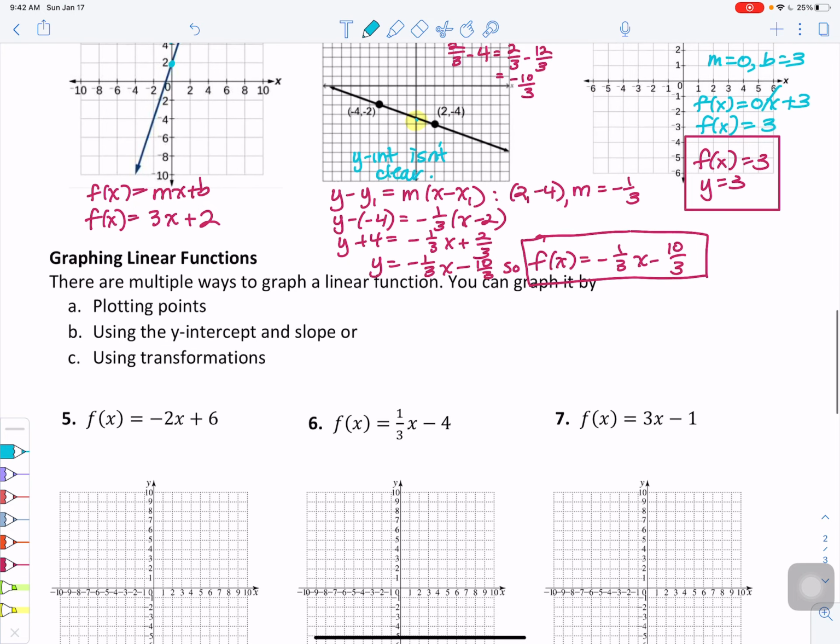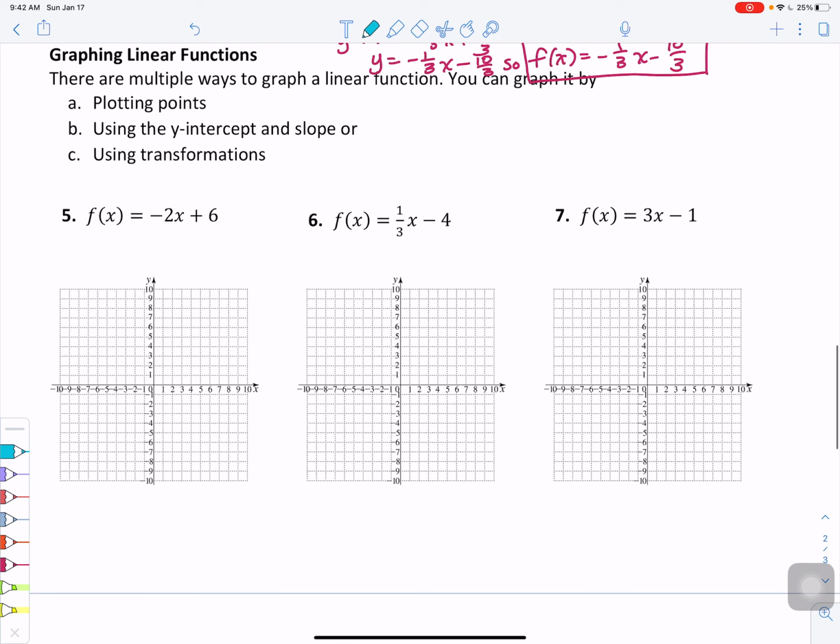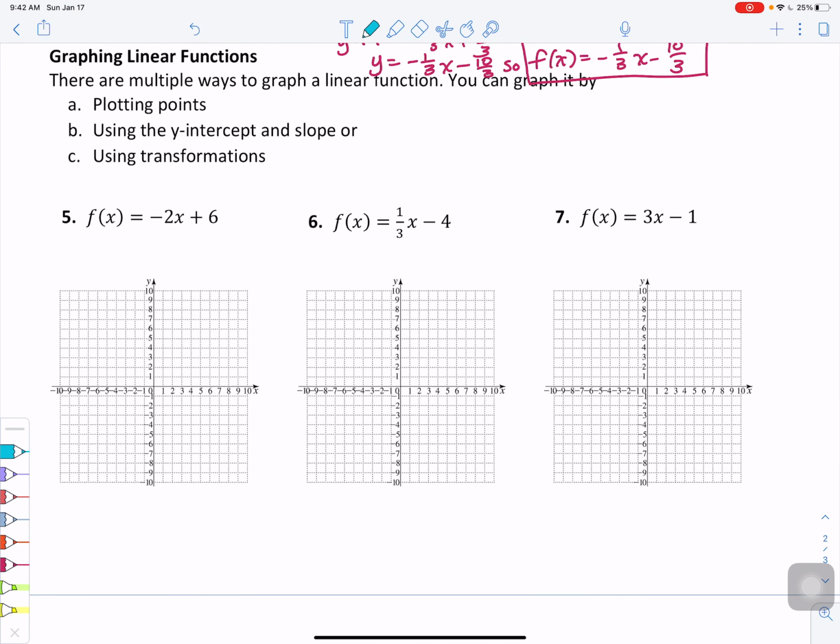Now in numbers 5, 6, and 7, we're going to be given the functions and we're going to have to graph these. There are multiple ways we can do this. The first is to plot points. Then we can either use the y-intercept and the slope or transformations. Most students do better with using the y-intercept and the slope, so let's give that a try.